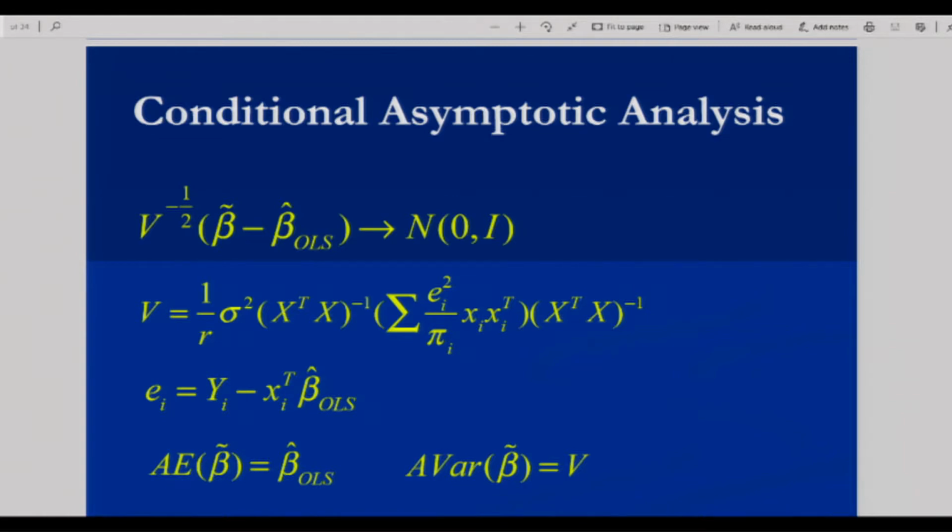This makes things much harder to work with. If we want to calculate this asymptotic mean square error, we need to have this. So we use a trick.